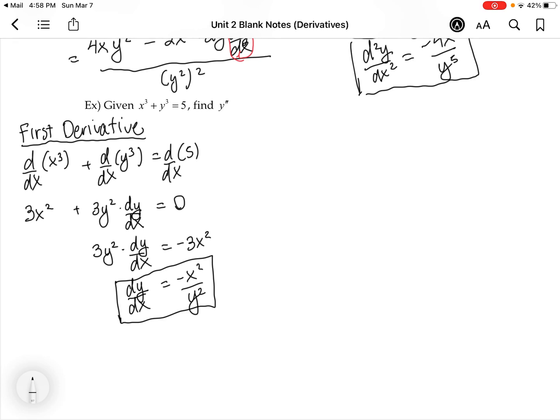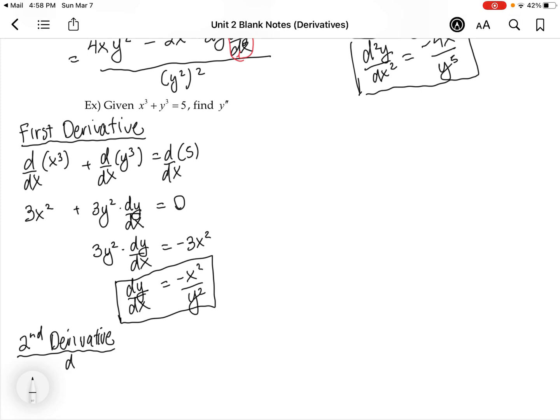Okay, to get the second derivative, I'm going to take the derivative of both sides of my first derivative.